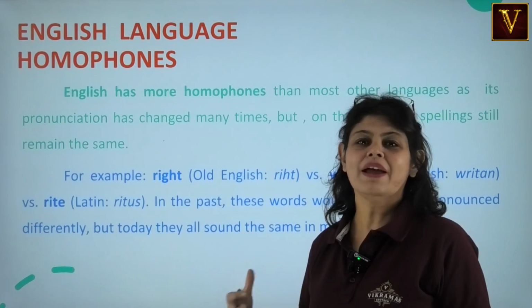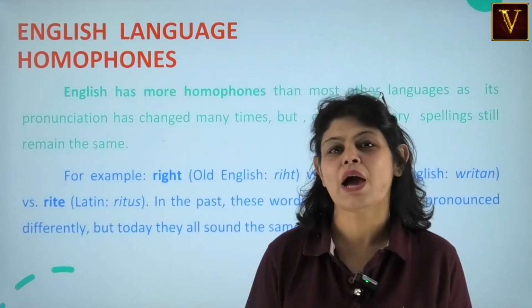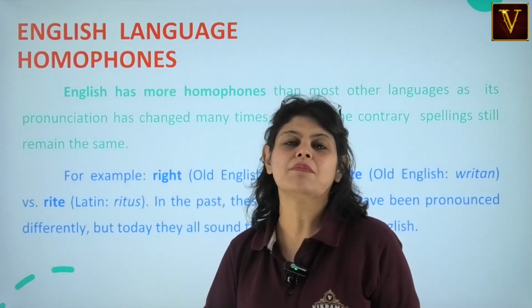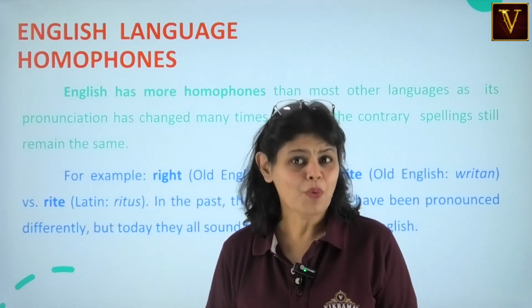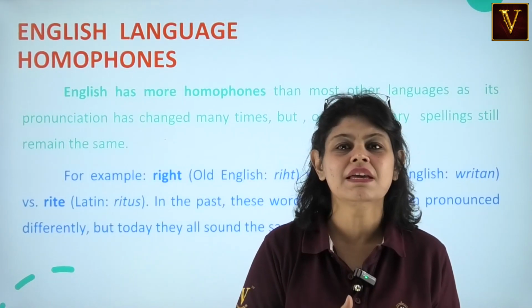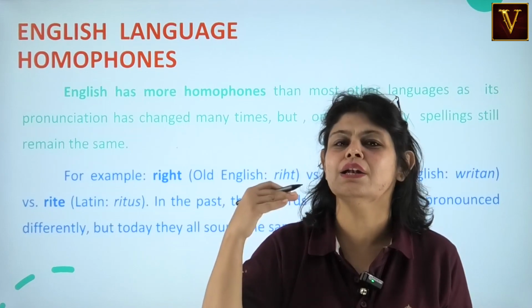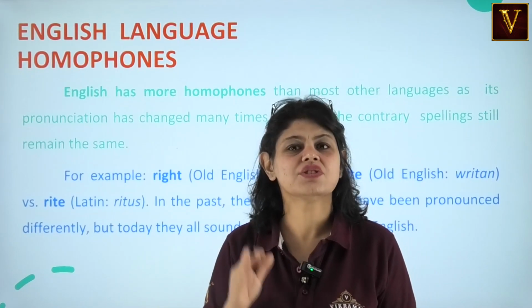It's really remarkable to announce that the English language has the maximum homophones as compared to other languages. Do you know why? Because over the years, English has changed a lot many times, but the spellings have barely changed till now.